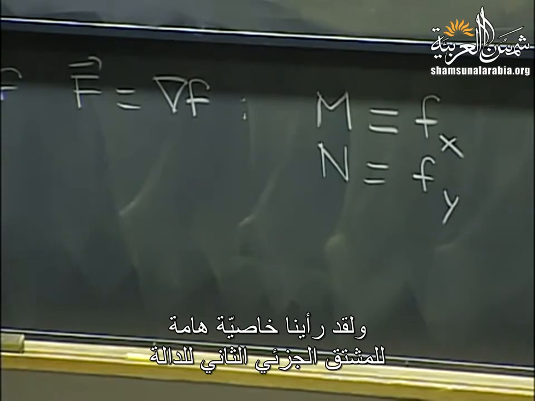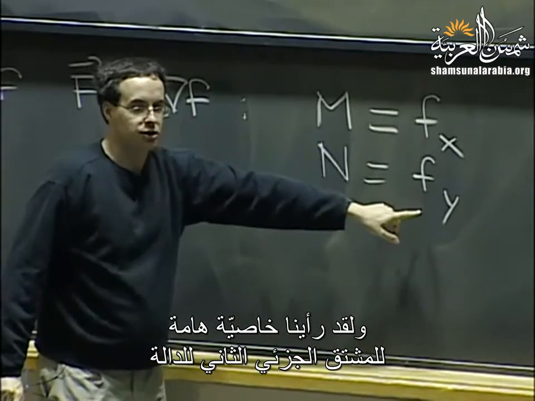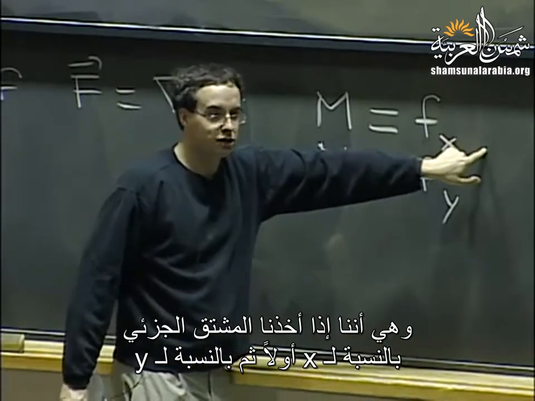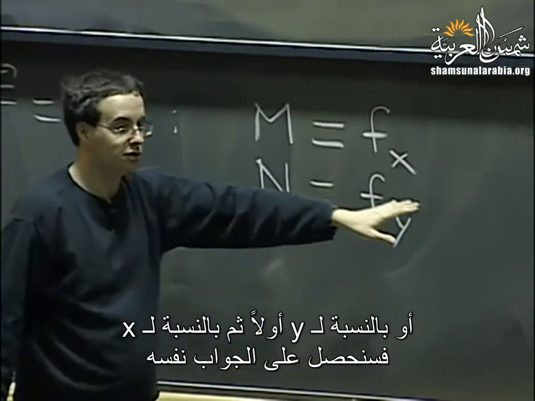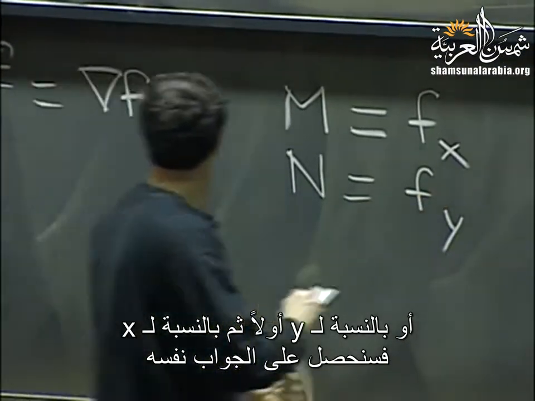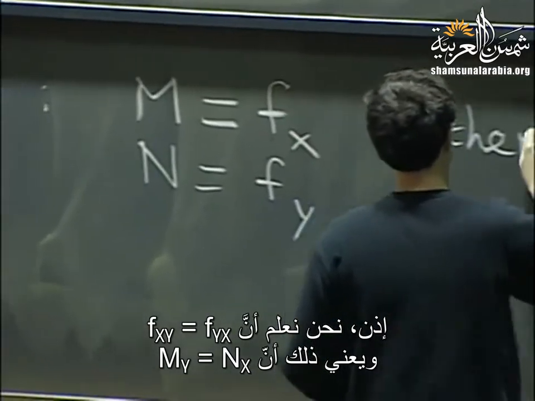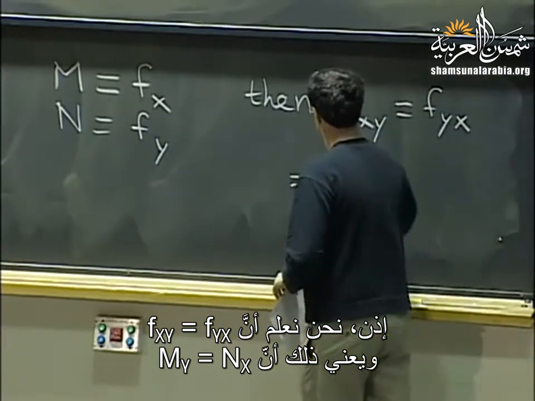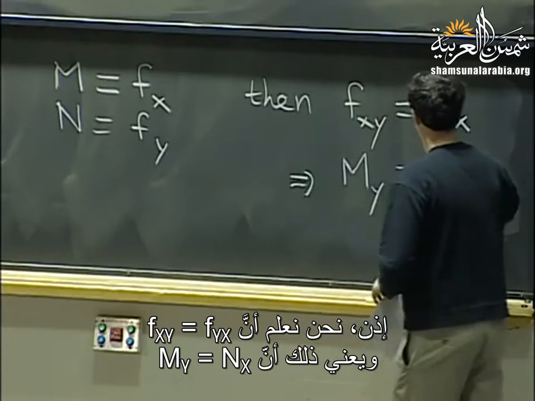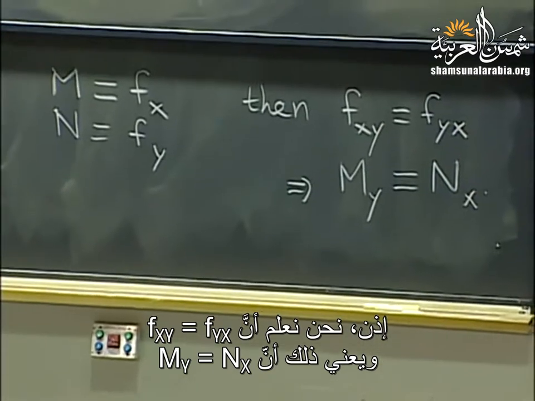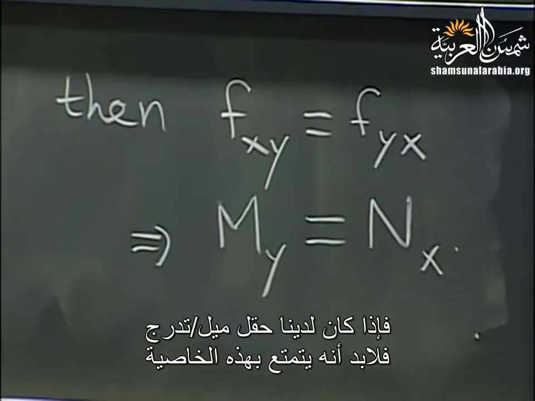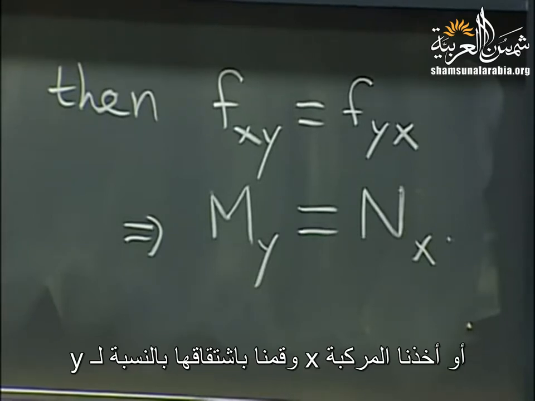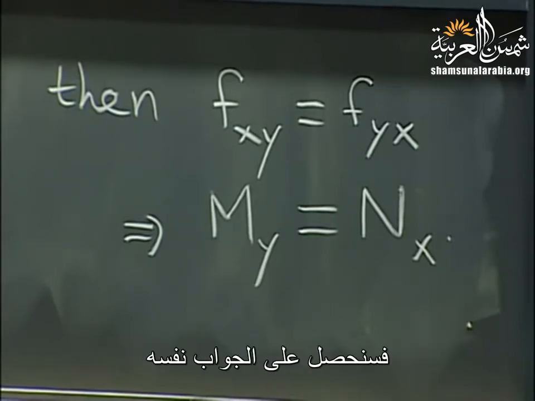And now we have seen an interesting property of second partial derivatives: if you take the partial derivative first with respect to x, then with respect to y, or first with respect to y, then with respect to x, you get the same thing. So f sub xy equals f sub yx, and that means M sub y equals N sub x. So if you have a gradient field, then it should have this property: you take the y derivative of the x component, the x derivative of the y component, and you should get the same answer.